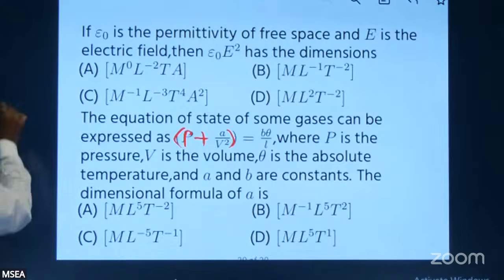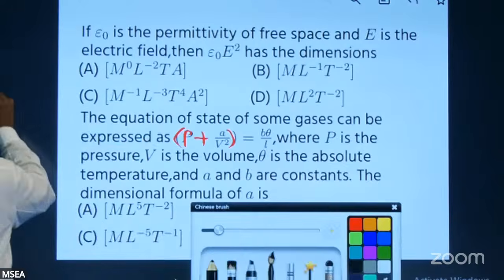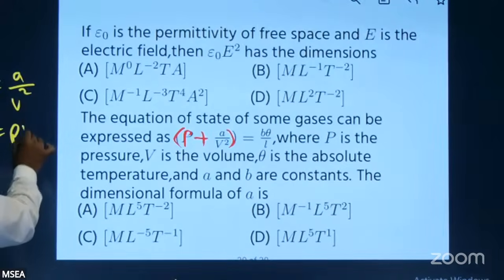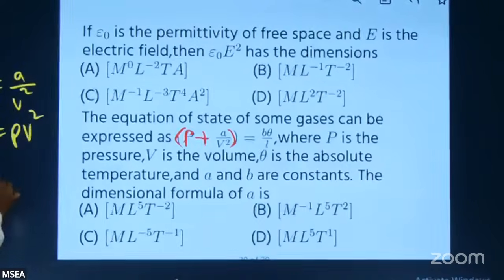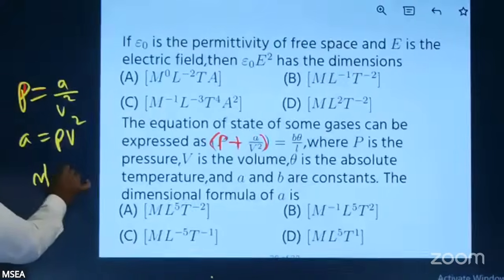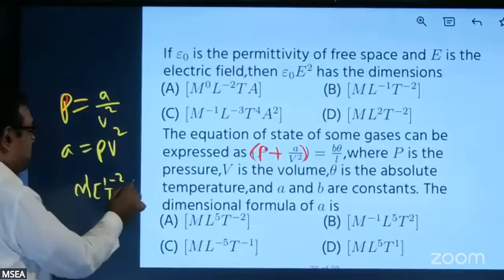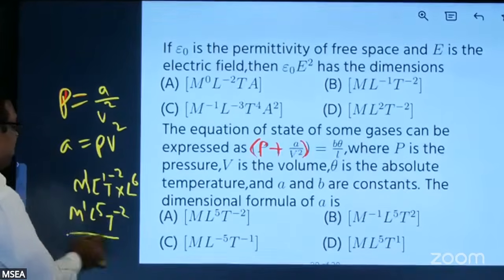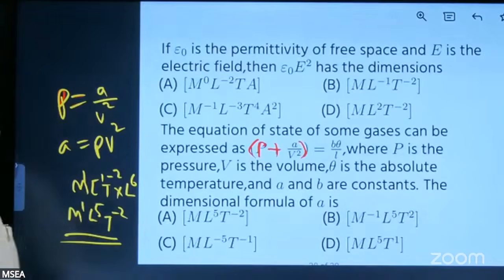That means P is equal to A by V square, so A is equal to PV square. The pressure dimension formula is M1 L minus 1 T minus 2, and V is the volume, L cube whole square, which means L power 6. So M1 L power 5 T power minus 2 is the dimension formula for A.